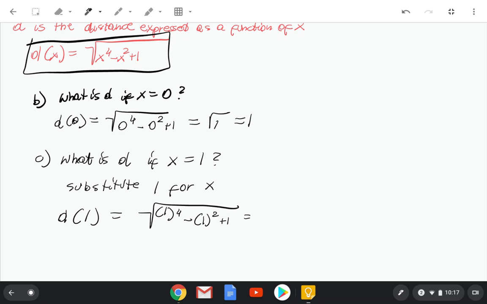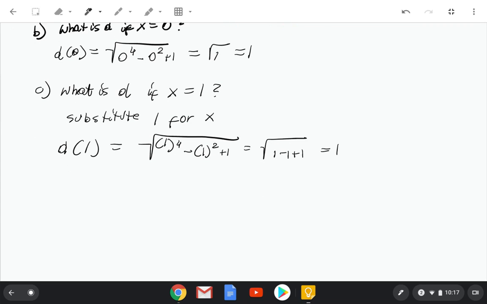And that will give us square root 1 minus 1 plus 1, which is 1. So for C we also end up with 1.